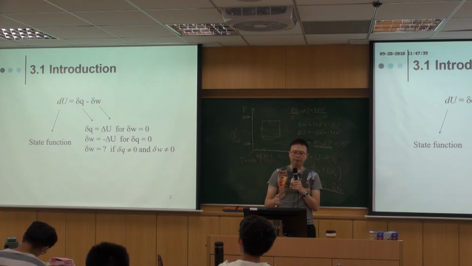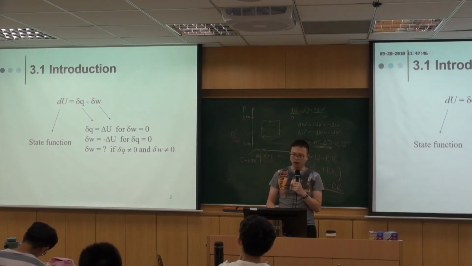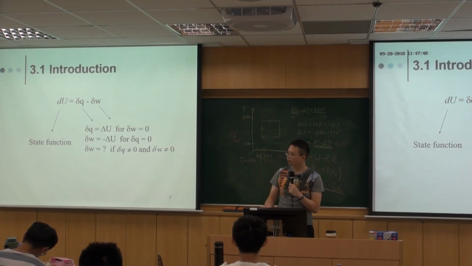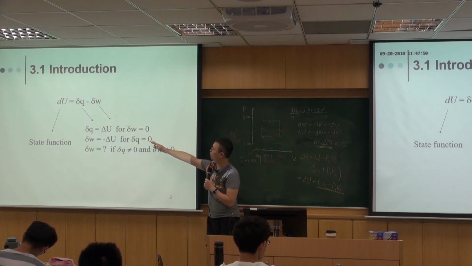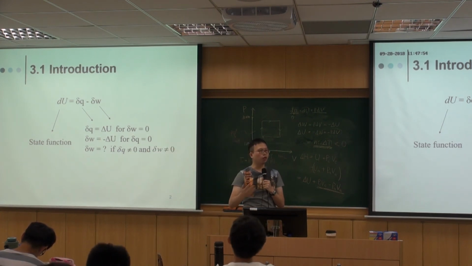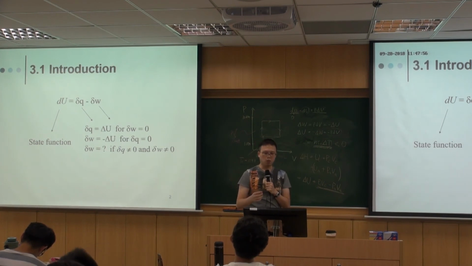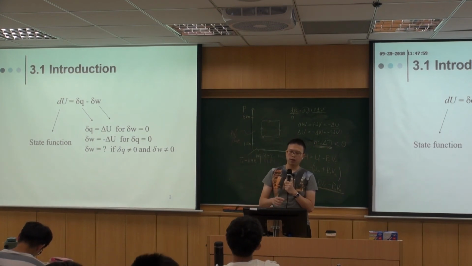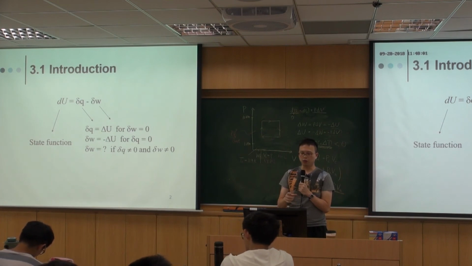But most of the time, we're somewhere in between. So what if we absorb some heat, which means that delta Q is not 0, but at the same time we're also doing some work? Then what will be the maximum work that the system is allowed to do?